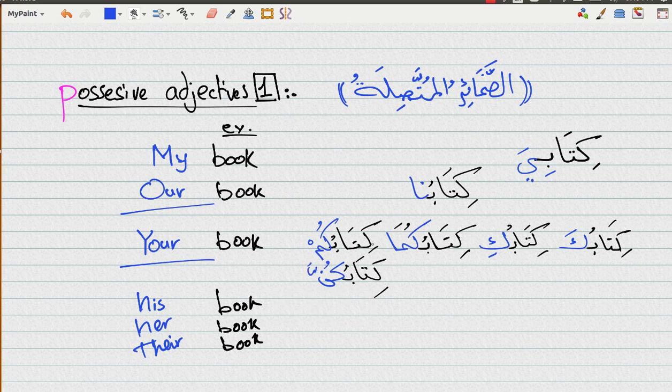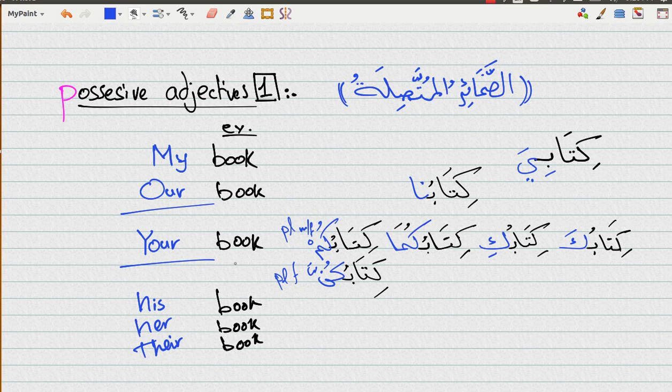Okay, now this is for plural mixed gender or masculine. This is for plural feminine. Okay, كتابك كتابك كتابكما كتابكم كتابكن.